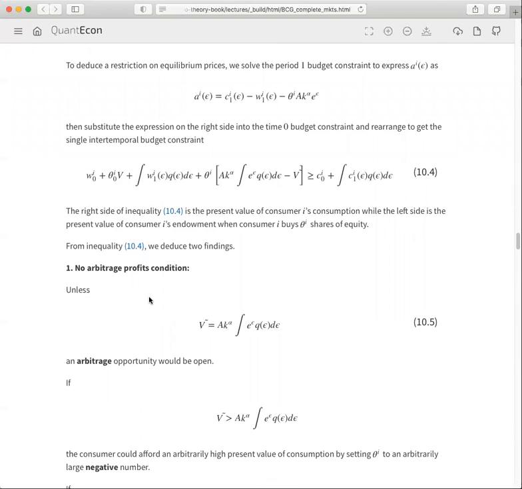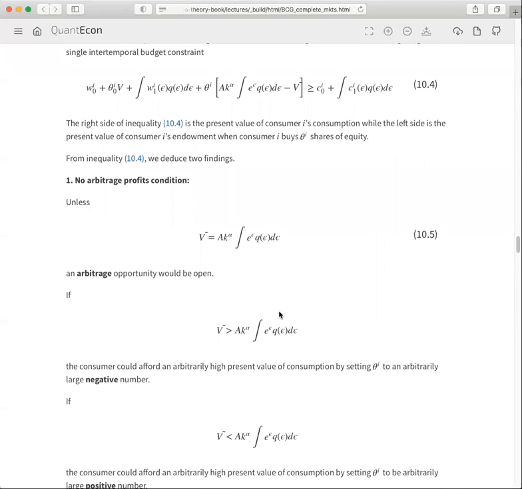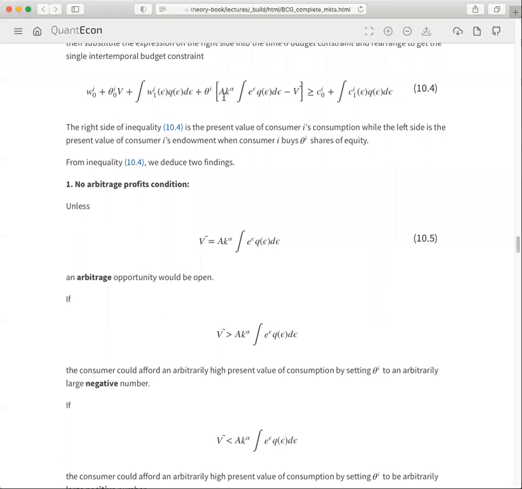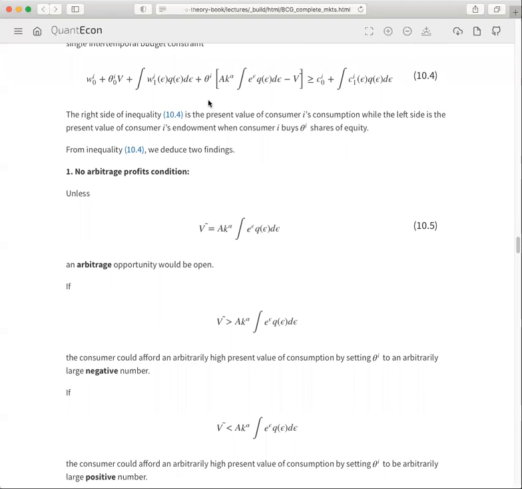Unless this is true, the person could raise the left-hand side of this intertemporal budget constraint arbitrarily high, by going indefinitely long or indefinitely short in these equities.